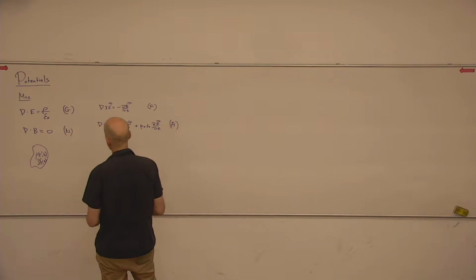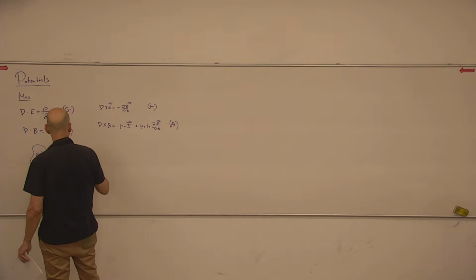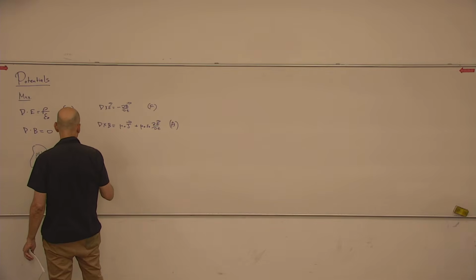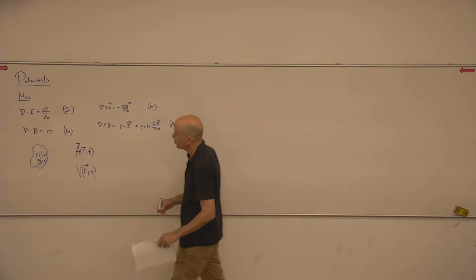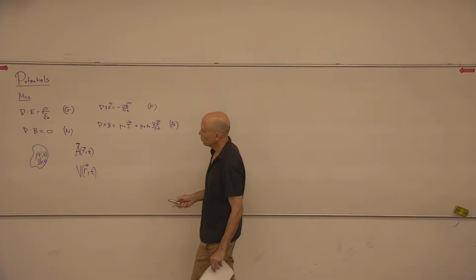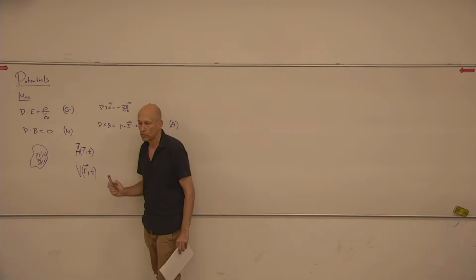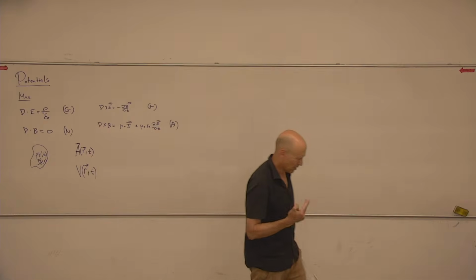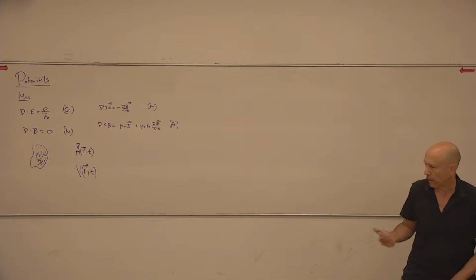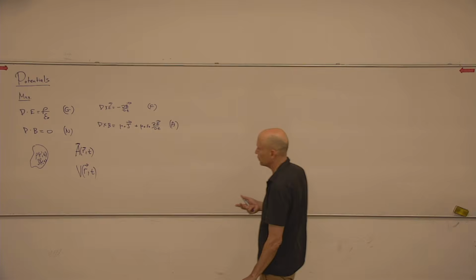We have two potentials. One of them is A(r,t), and another one is V(r,t). These are certainly related to what you already know, and the new thing is that we have their time t here. So there will be another coordinate inside these potentials.